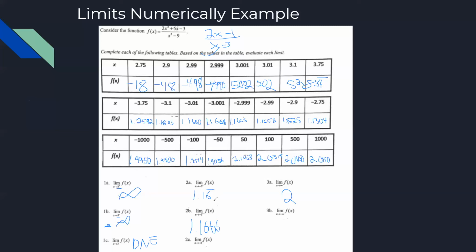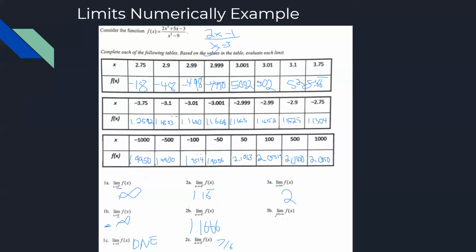However, we do want to approximate it to a fraction if we can, and 1.166 is very similar to 7/6, and these are equal to each other. Therefore, the limit does exist, and it's 7/6.